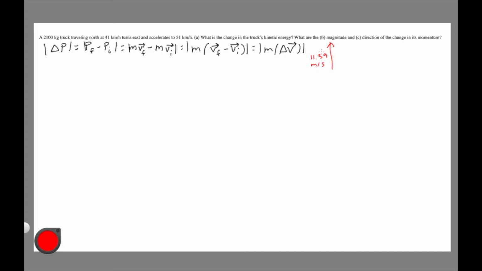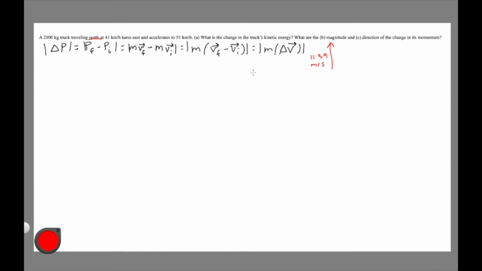All right, so that's the velocity of the truck's initial motion. And we know that it's going north at this point in time, right? Because the problem mentions that the truck is traveling north. So we want to make sure that this arrow is pointing upwards or in the north direction.